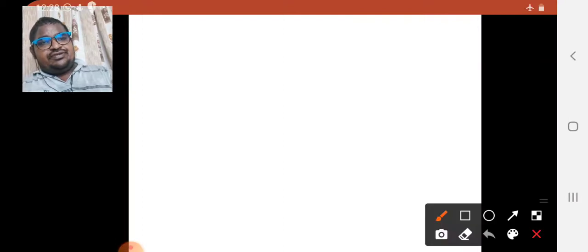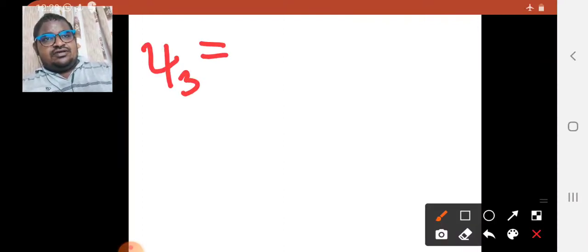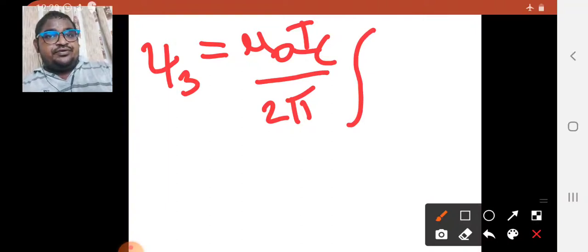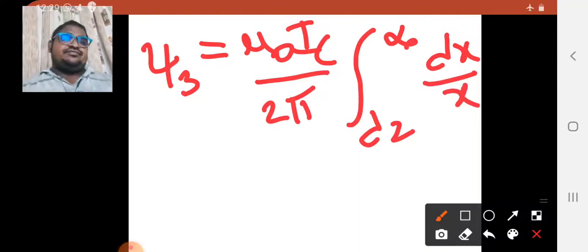Psi 3 is given by mu naught IC by 2 pi integral. What is the distance between A to C? A to C is D2 to infinity dx by x.